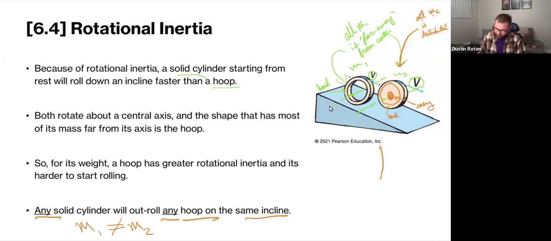You could have a very heavy solid cylinder, a very light hoop, or vice versa. It doesn't matter what the masses are. The solid one is going to outroll the hoop every time. I think that's really weird because you would think that the mass has some sort of input.